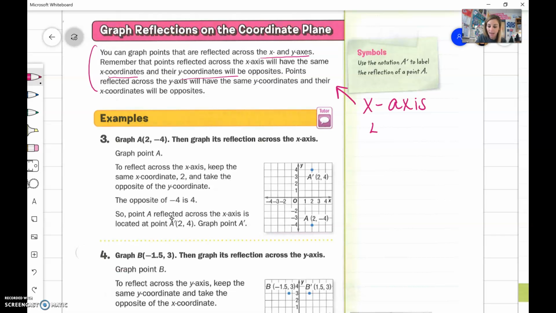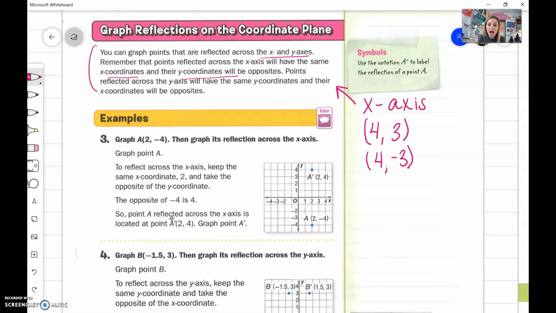So if I had 4, 3, my x coordinates are going to stay the same. So my 4 is going to stay the same, but then my y is going to change and be the opposite. See why we do opposites at the beginning? Here's the reason why. We did that in lesson 1, and now in lesson 7, we're bringing it back in, okay?